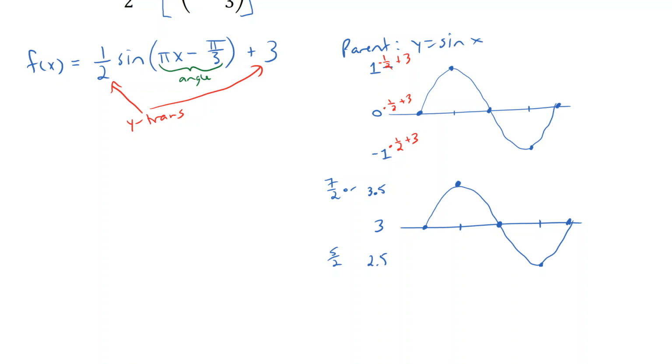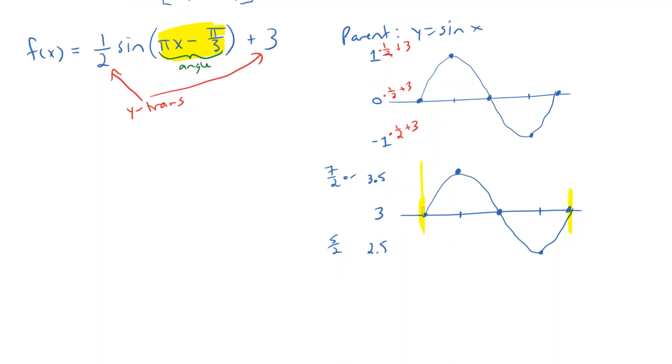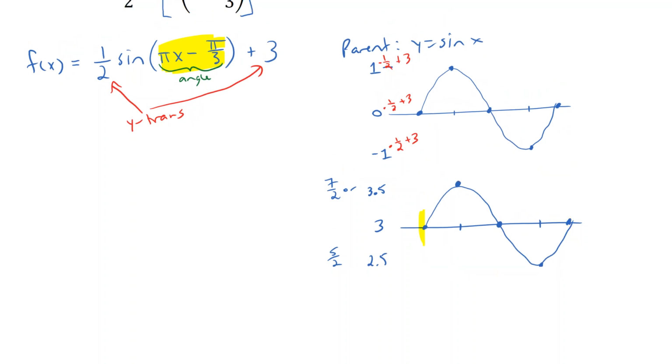Now the key is we have to figure out the x transformations, like where do my x values match up for the beginning and the ending of this cycle. This is the shape of our function, from 2.5 to 3.5 on the y-axis.